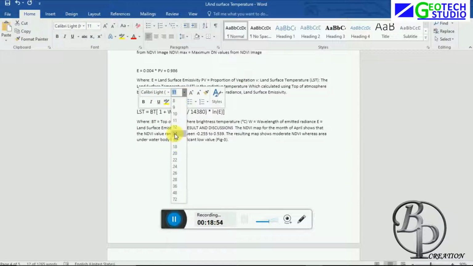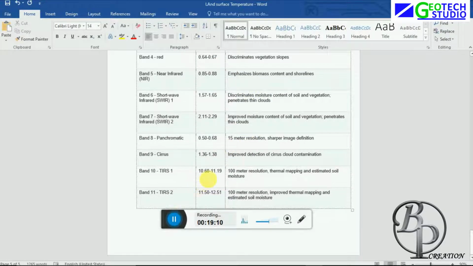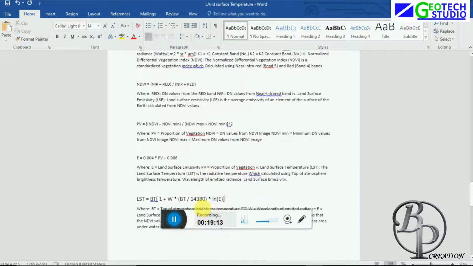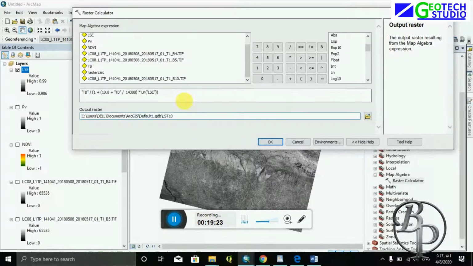You can see it, and I have used this formula in our raster calculator tool, and this C2 constant value and this BT is the BT value as we have got it from our second output. Now I'm gonna run it.